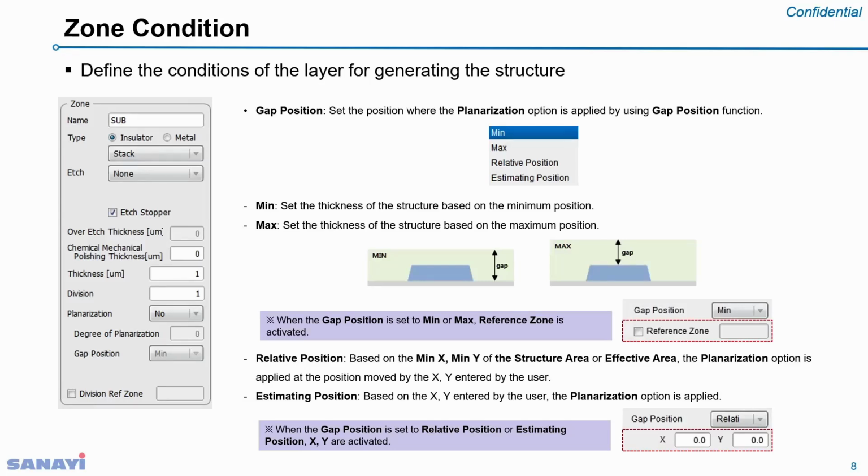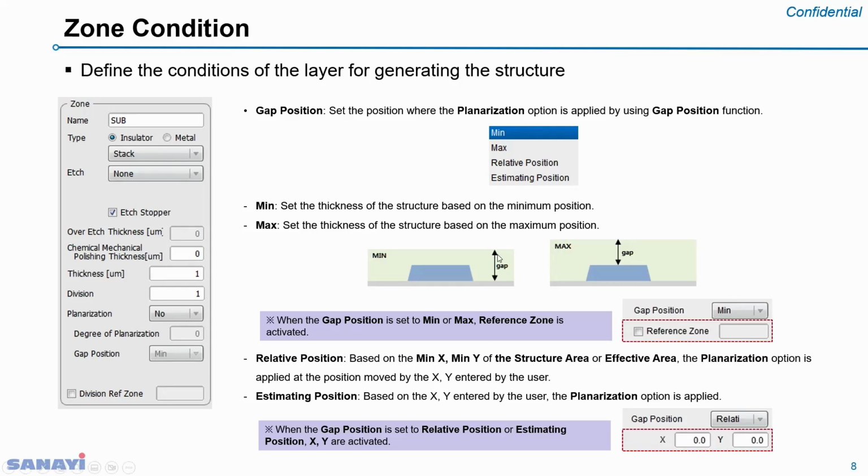In the gap position, set the position where the planarization option is applied. And there are 4 types: mean, max, relative position, and estimating position. If the gap position is selected as mean or max, the reference zone is activated. Also, when the gap position is set to relative position or estimating position, X and Y are activated.